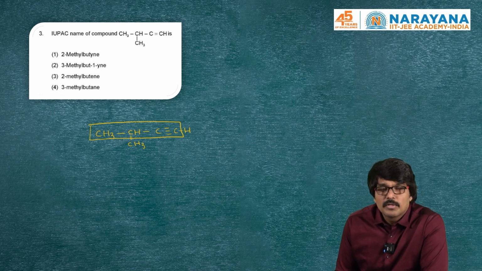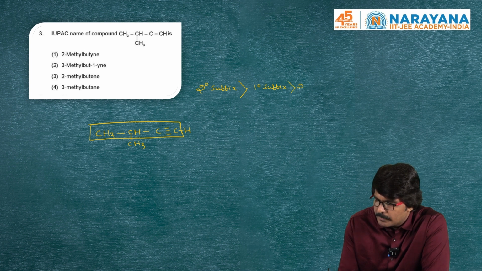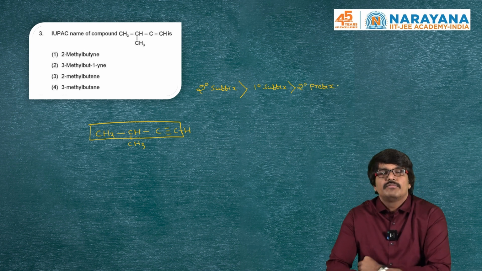There is a functional group, a triple bond, and also there is a substituent. The basic rule here: generally we say the secondary suffix gets more priority when compared to the primary suffix, and the primary suffix gets more priority when compared to the secondary prefix. This is the order of priority we have to give.